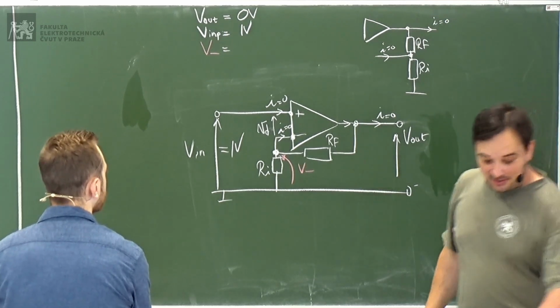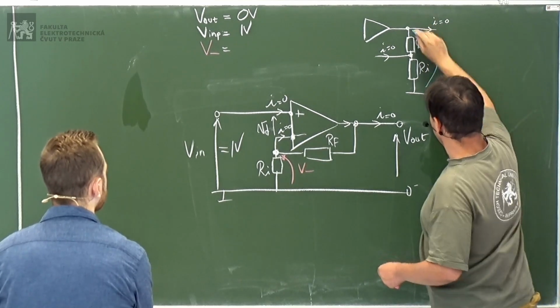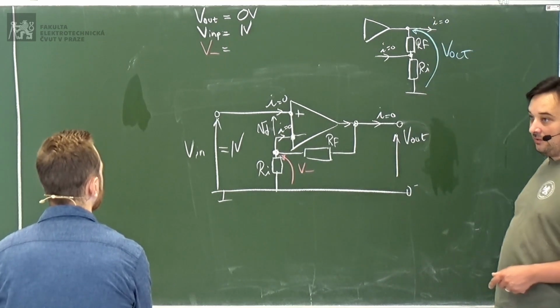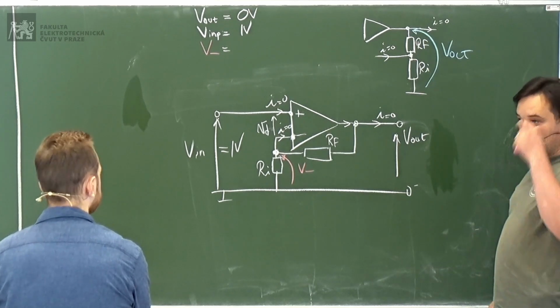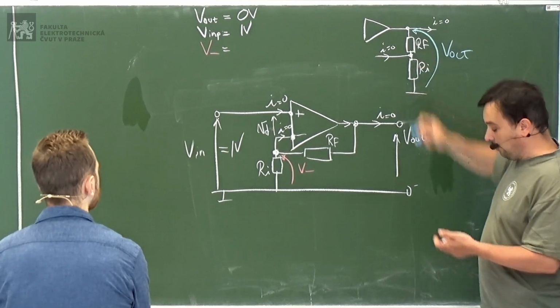So we can consider this voltage as the output voltage of the amplifier applied to 2 resistances in series, okay? Fair enough?